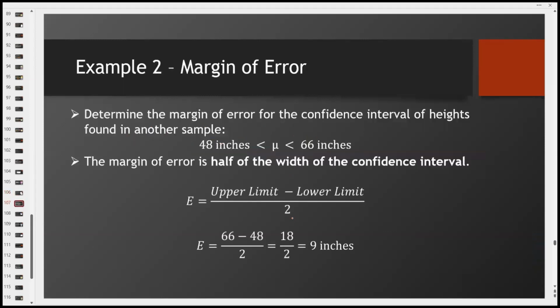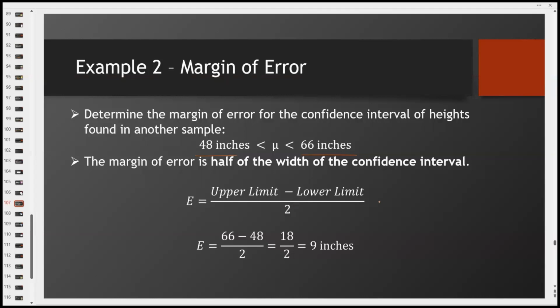So let me review one more thing here that I think you will find helpful. When you have just the confidence intervals, but not the point estimate, not the value in the middle, you can calculate that value in the middle and the margin of error with just those two limits.